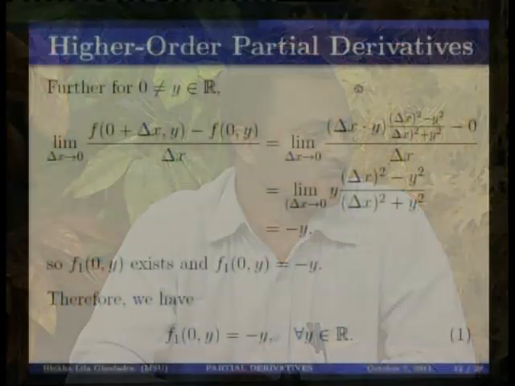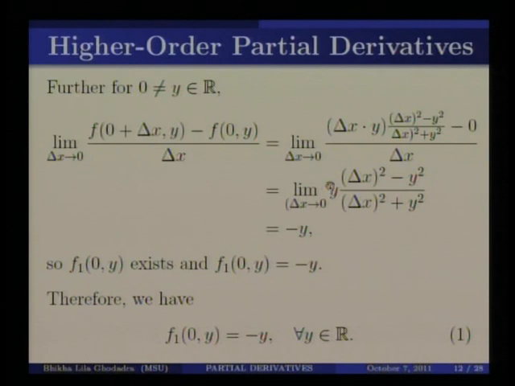So in this expression, this delta x cancels, since delta x is non-zero as we are taking the limit as delta x tends to 0. So it will be the limit of y into (delta x squared minus y squared) upon (delta x squared plus y squared), as delta x tends to 0.